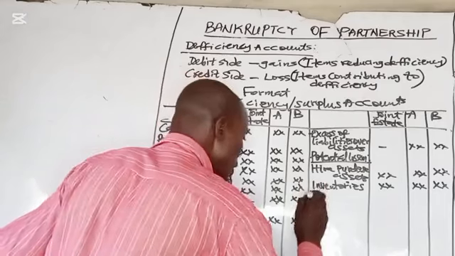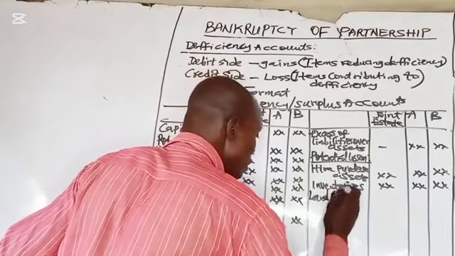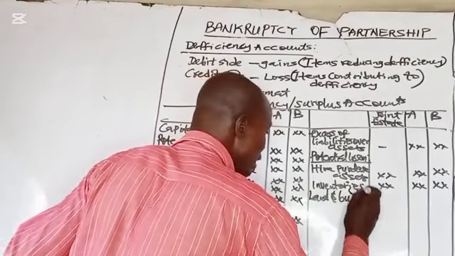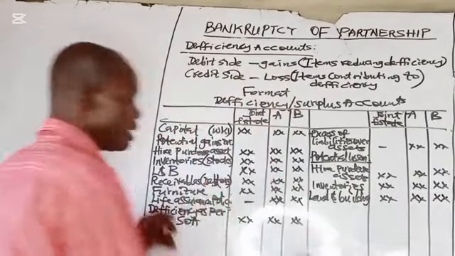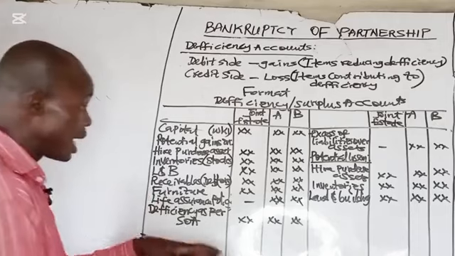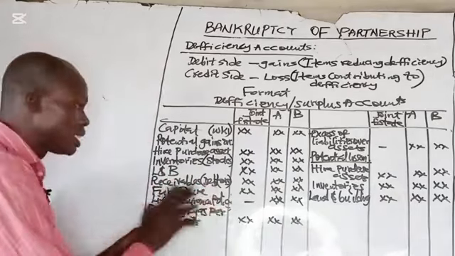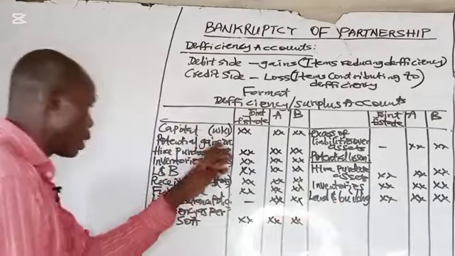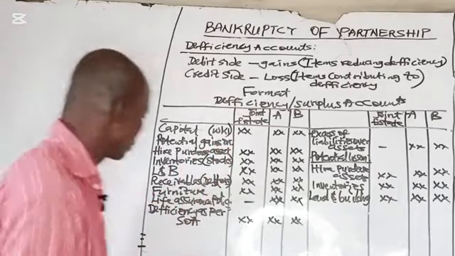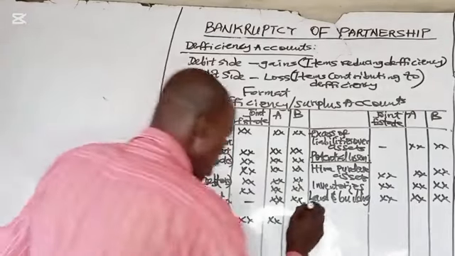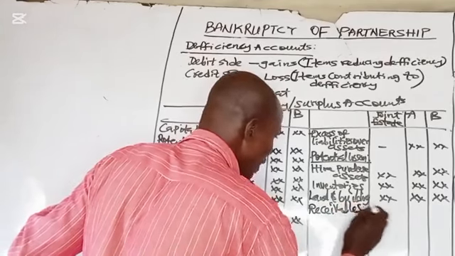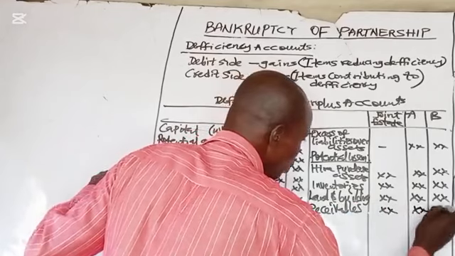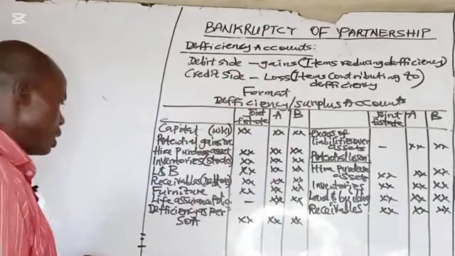For land and building, where the realizable value is lower, you have the loss. The difference between the book value and the realizable value, that is what we'll be recording as either gains or loss. Then receivables or debtors, where the realizable value is lower, so you may have loss.